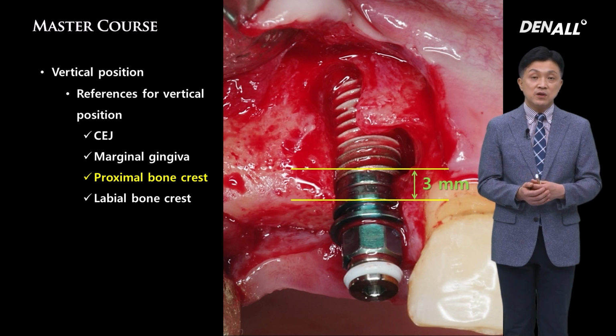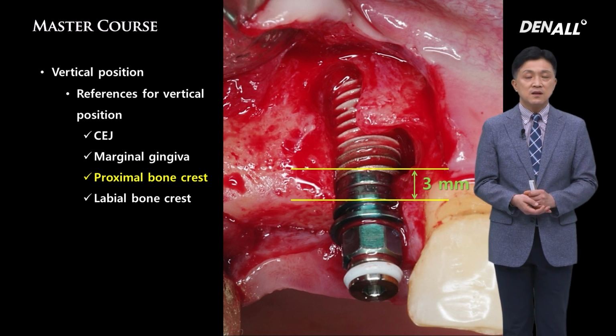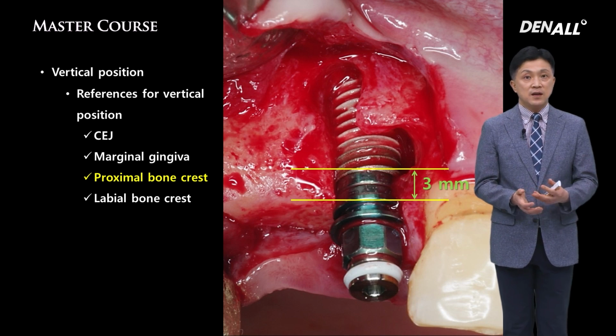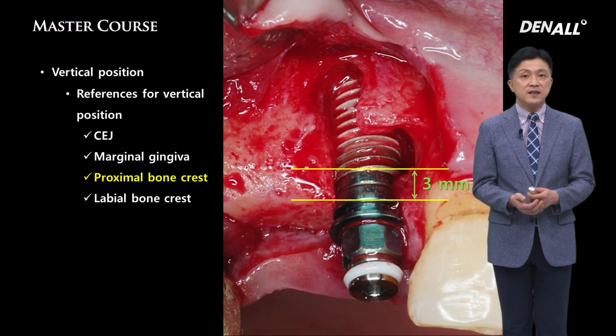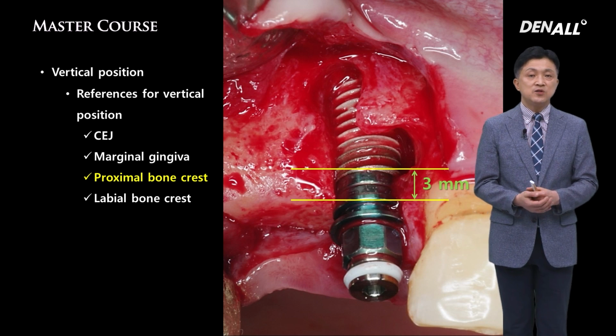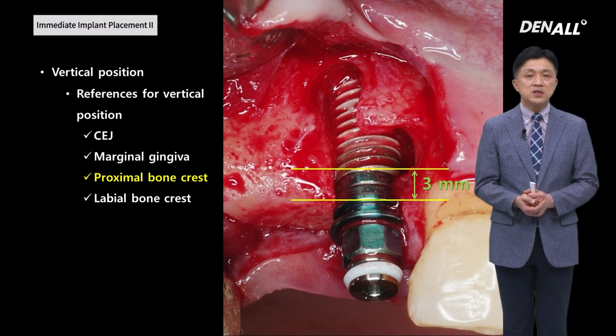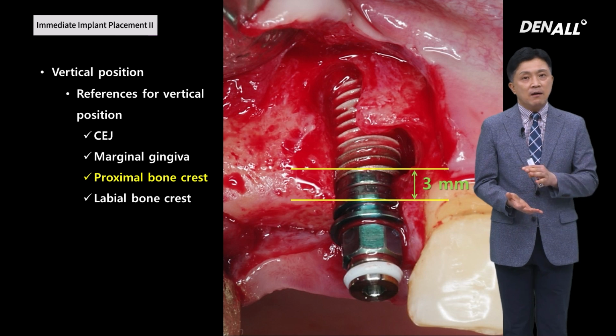We also need to consider, after healing is done, the biologic width, which refers to the amount of tissue attachment supracrestal to the implant that is formed after healing. You need to consider that.